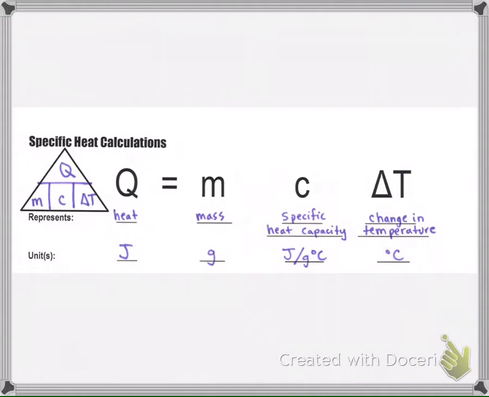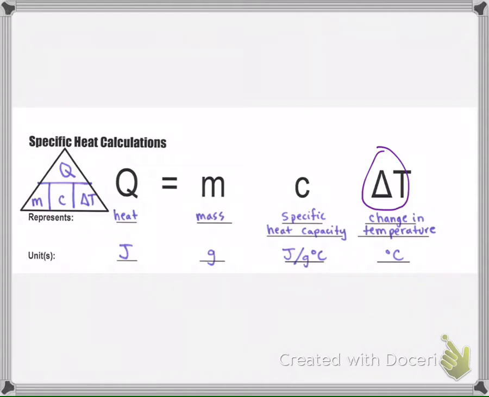What I'm going to focus on right now is these specific heat calculations. Sometimes it's called a calorimetry equation. A calorie is a unit of heat, so calorimetry is measuring heat. It's called Q equals MC times delta T. A lot of people abbreviate it Q equals MCAT, just because the delta symbol kind of looks like an A. It pretty much stuck.